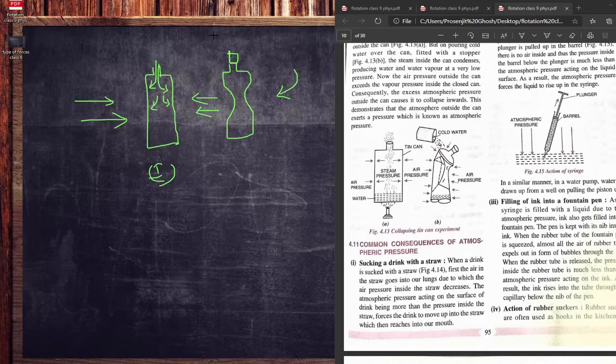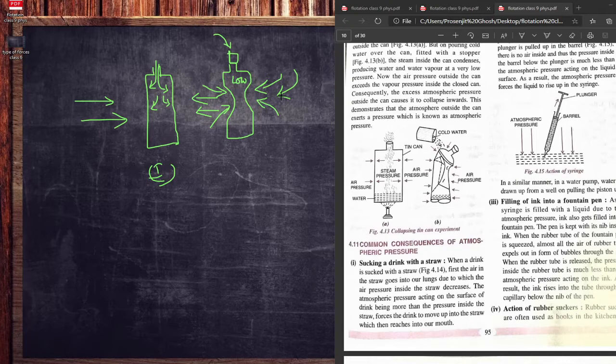But when you lock it with the cap, since you already pressed it, very little air is inside and pretty much a vacuum, and that is why the pressure decreases. So the pressure inside the bottle is now low, but the atmospheric pressure outside is the same, so it will press the bottle inward. As a result the bottle is now totally bent. So that is the first experiment.